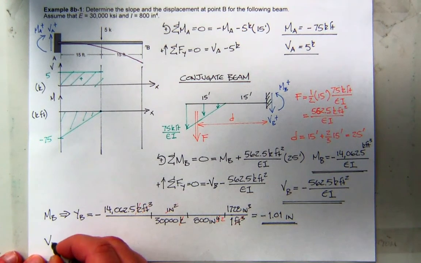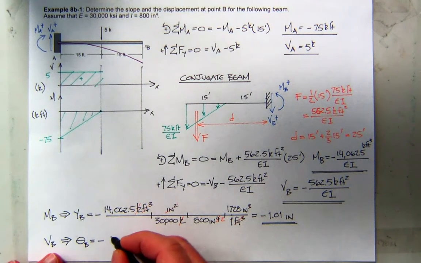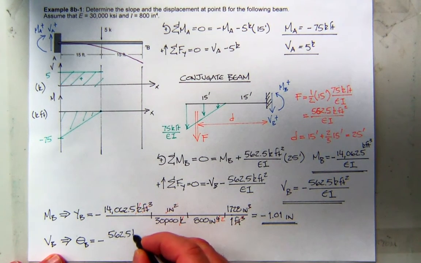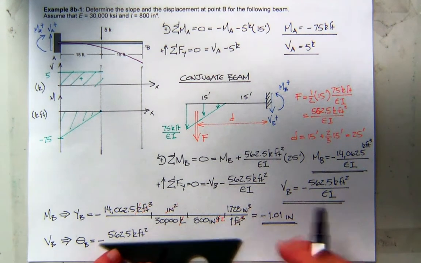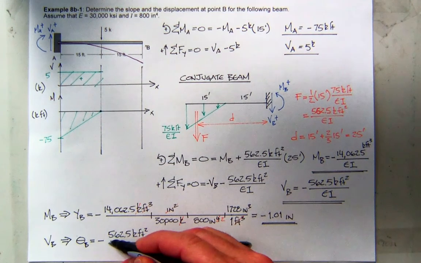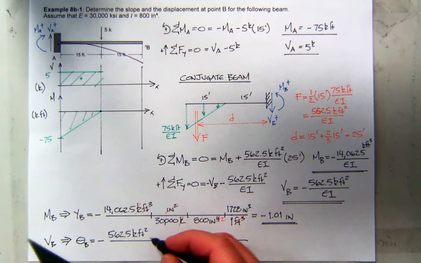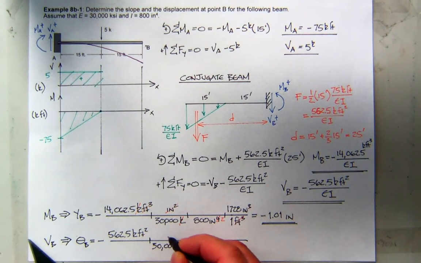We know the shear at B in the conjugate beam matches to the slope in the real beam. And we computed that as also negative, and that's 562.5. Now this is kip feet squared. So we're going to have a similar conversion here. When you divide by E, you still get 30,000 kips per inch squared.